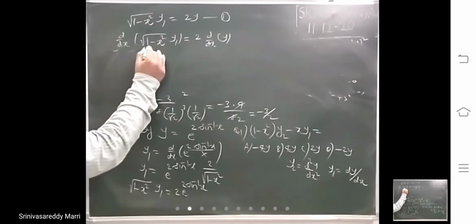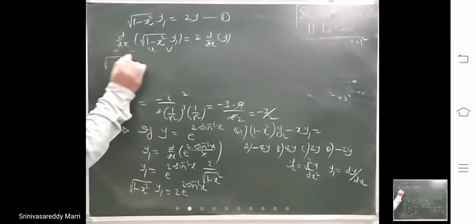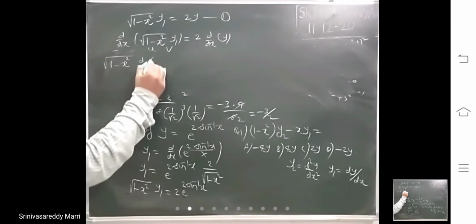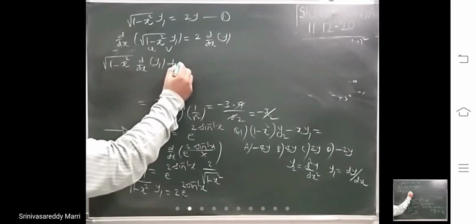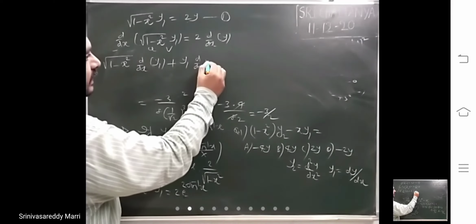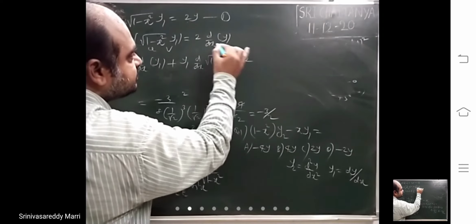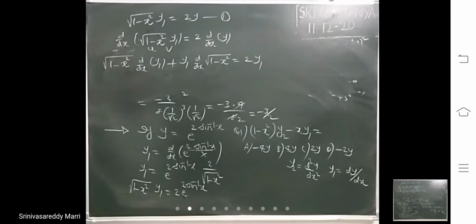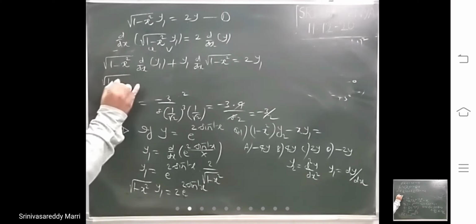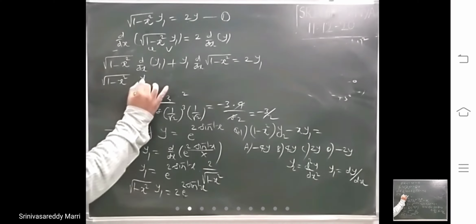Now this is uv. d by dx of uv: root of 1 minus x square into d by dx of y1, plus y1 into d by dx of root of 1 minus x square. This is 2 into dy by dx, which is y1. Now you can easily tell d by dx of the first derivative is the second derivative.